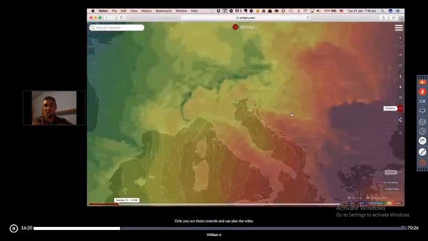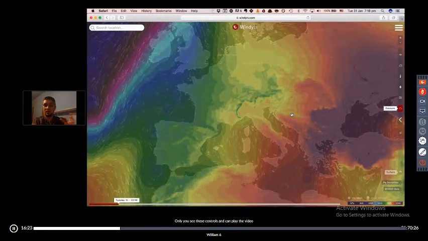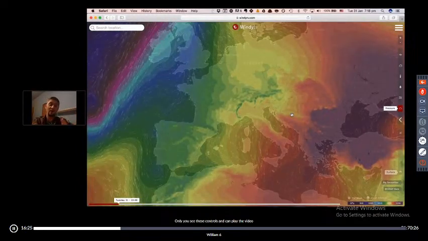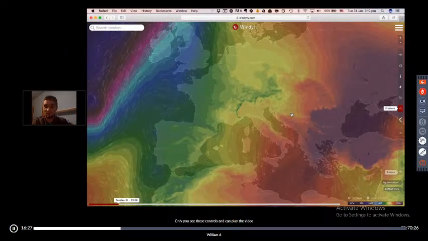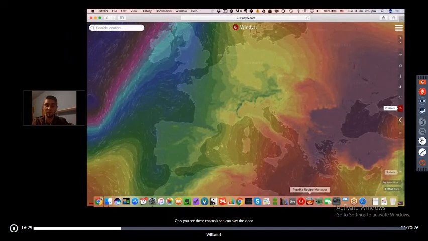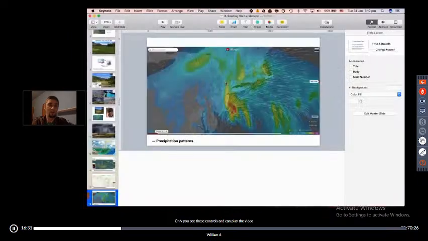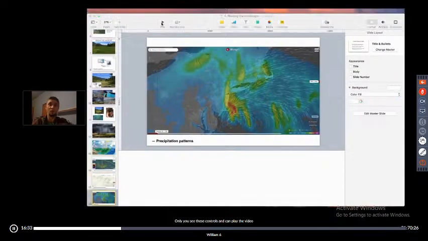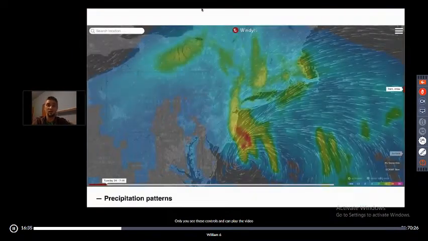So we understand instantaneously what's happening with your weather. This is a great website that I've been using just for a daily observation of my weather.